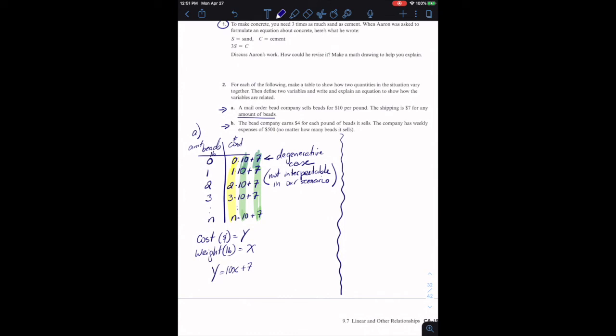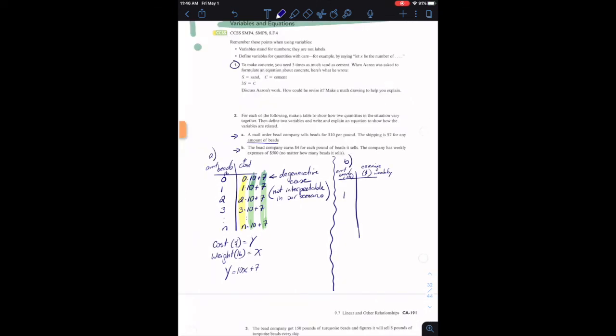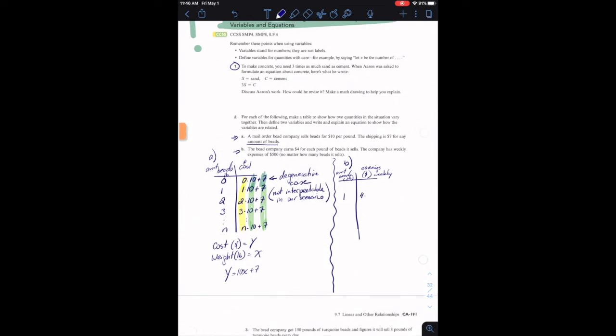Now let's take a look at part B. If the company sells 1 pound of beads, it's going to earn $4 for that pound, but it will have had expenses of $500 whether it sells any beads or not. So it's going to be minus $500.